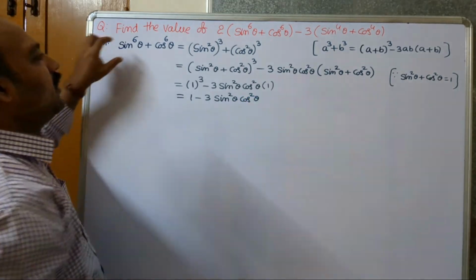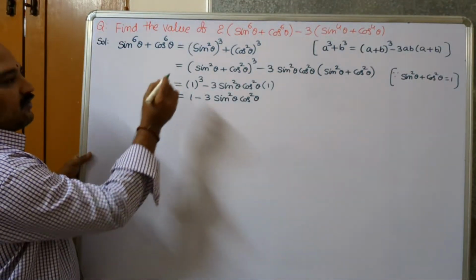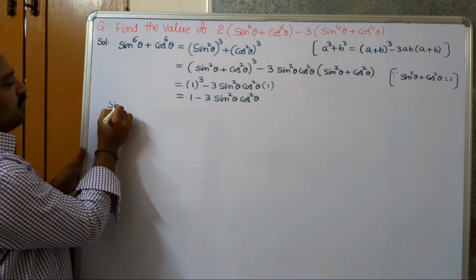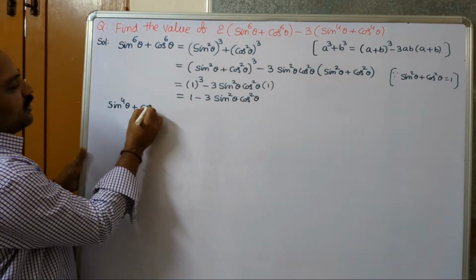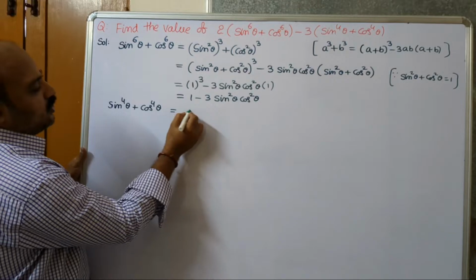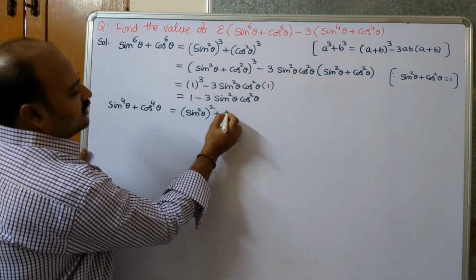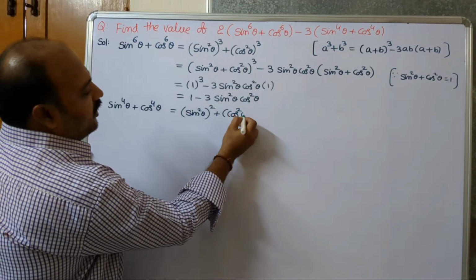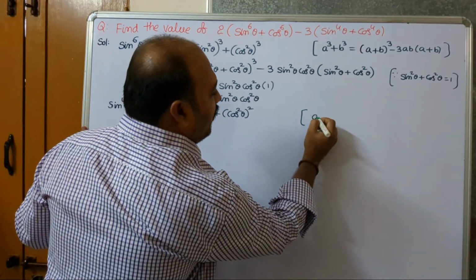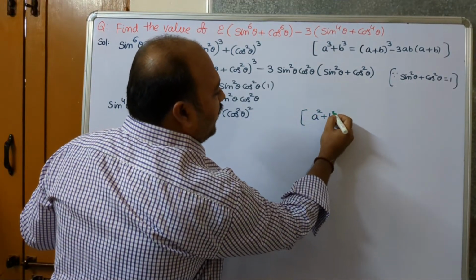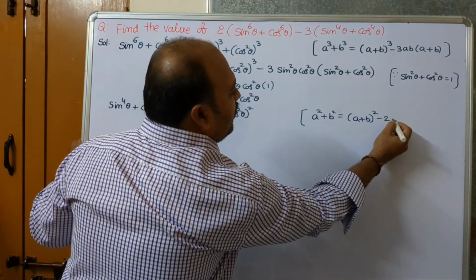So this is about sin power 6 theta plus cos power 6 theta. Now another one, sin power 4 theta plus cos power 4 theta. This is also sin square theta whole square plus cos square theta whole square. We can write it. So again we can apply the algebraic formula a square plus b square equal to a plus b whole square minus 2ab.